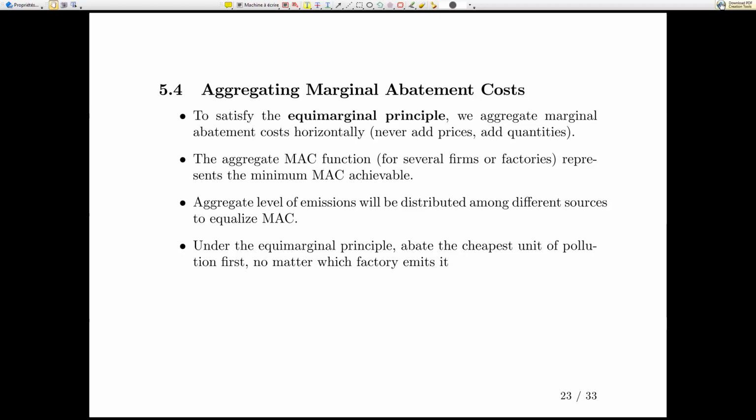And this works exactly as we would for a normal demand curve or supply curve. So we just have to express everything in terms of quantities, then we add things up together, and then we can express it back in terms of the inverse. Or here it would be just marginal abatement cost curves, basically.